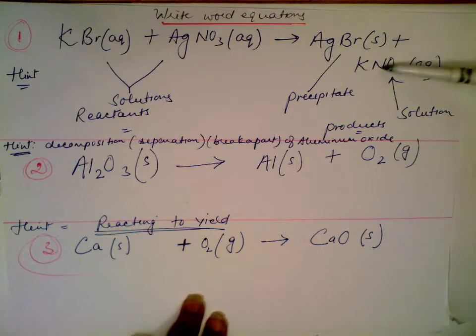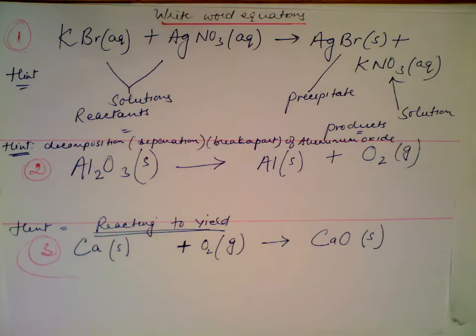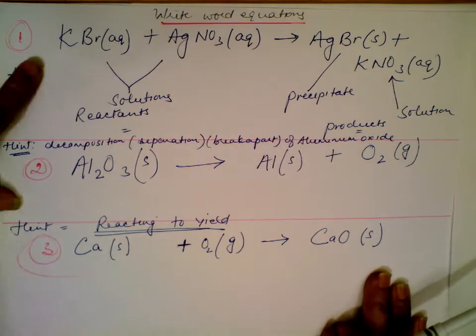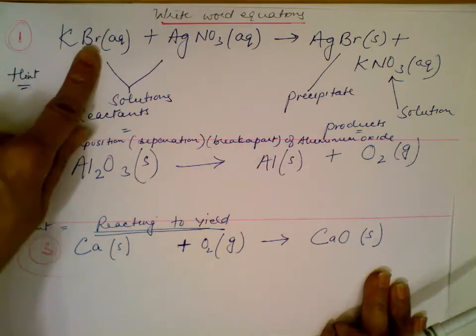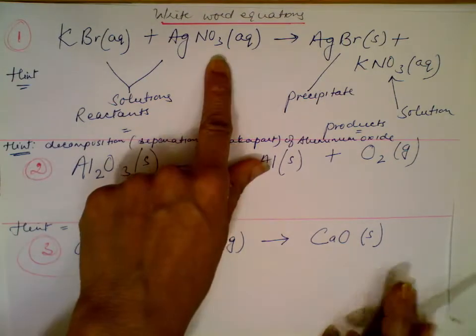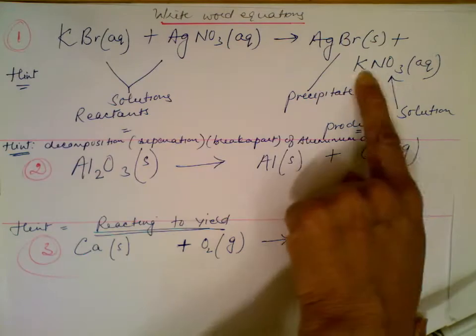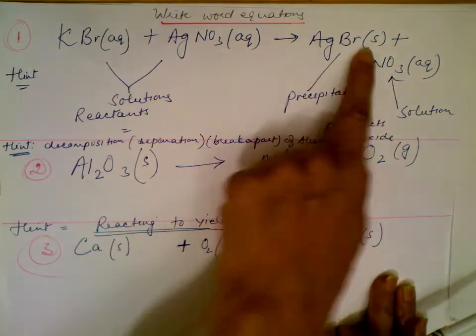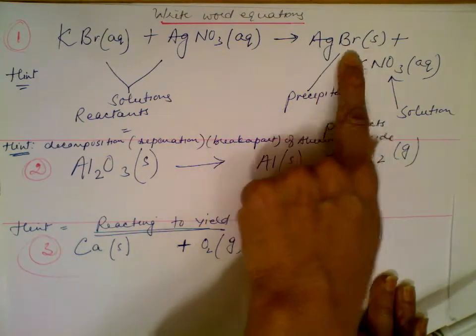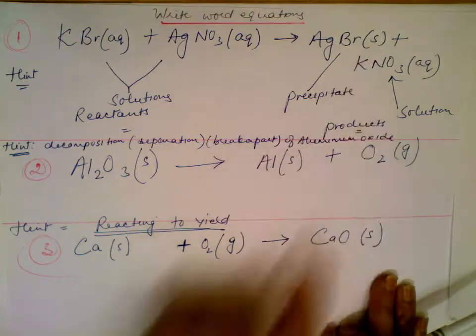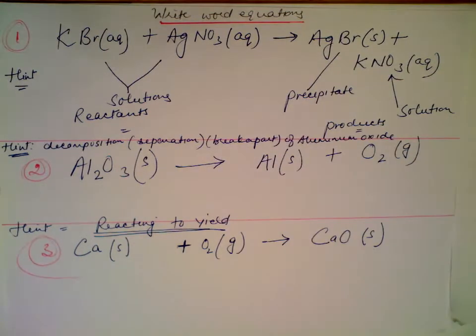If this is what you wrote, that means you're getting it. So let me say it once again: you're reacting a solution of potassium bromide with silver nitrate to yield a solution of potassium nitrate and the precipitate of silver bromide.